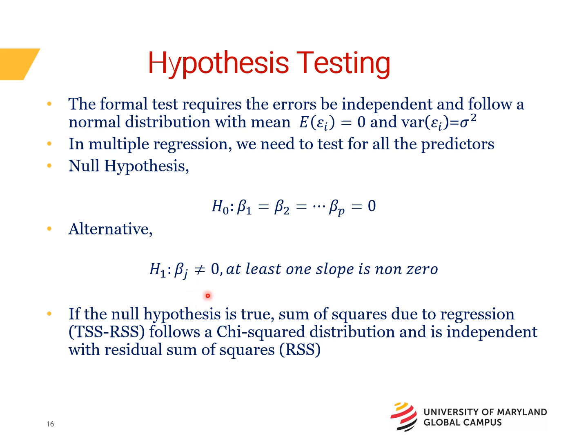At least there is one beta value that's non-zero. If the null hypothesis is true, that is, if no relationship exists, the sum of squares due to regression, which is the difference between the TSS and the RSS, which we discussed earlier, follows a chi-square distribution and is independent of the RSS. Okay.